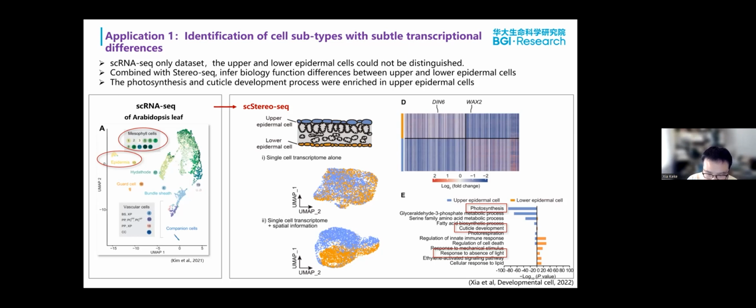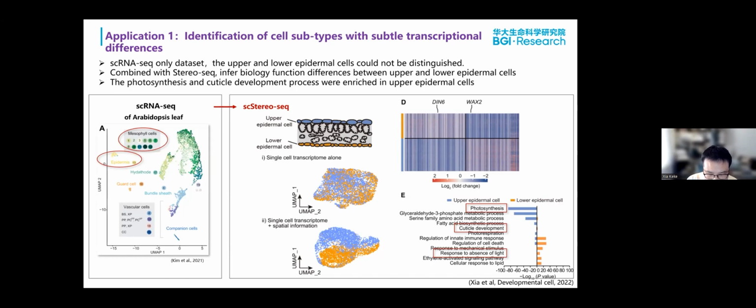Using STAR-seq, by combining the single cell data with the histological spatial information, we could successfully distinguish upper and lower epidermal cells. And further, we revealed the biological function differences between upper and lower epidermal cells.